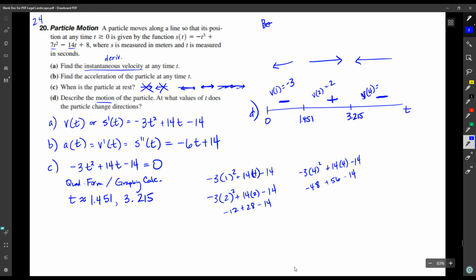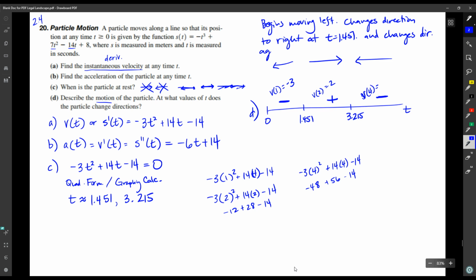The particle begins moving left, changes direction to right at t equals 1.451, and changes direction again to left at t equals 3.215. It continues left forever. There's our particle, and there's the motion for part D, and that's number 20.